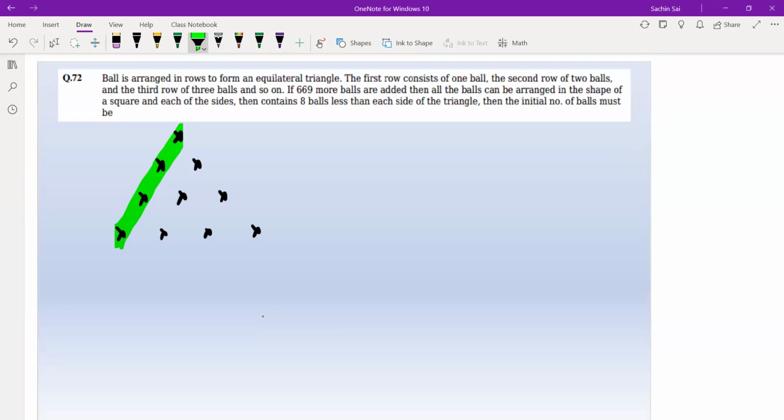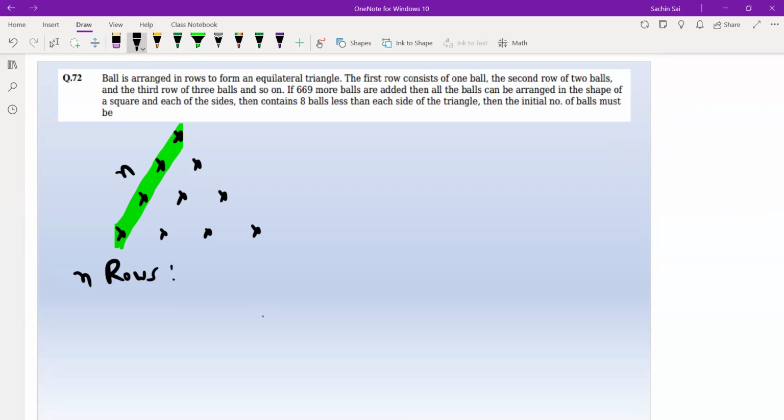right? So to solve this question, let us say the number of balls in each side of the triangle is n, which means the number of rows will also be n, right? There will be n rows in this triangle.